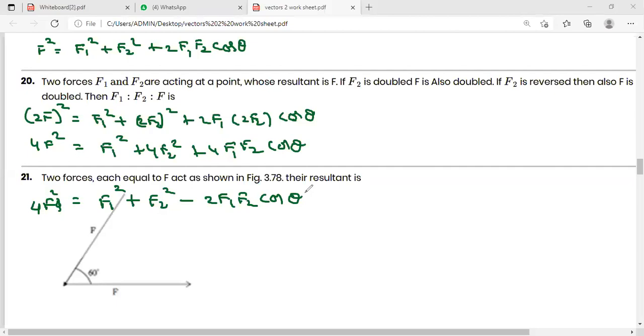Okay, these are the relations given in the question. This is the relation for the first one, this is the second one, and this is the third one. By solving just these equations, you have to finally find out the ratio of F1 is to F2 is to F. How can you solve this?